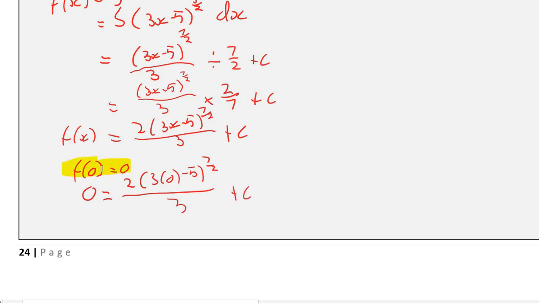So let's just put that fraction in my calculator. 2 bracket 3 times 0 minus 5 close bracket to the power of 7 over 2 divided by 3.